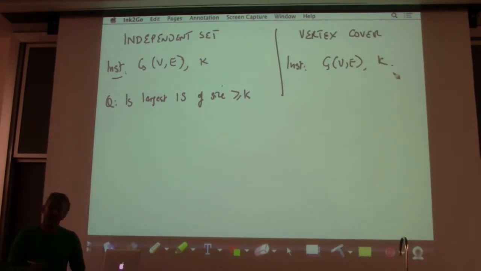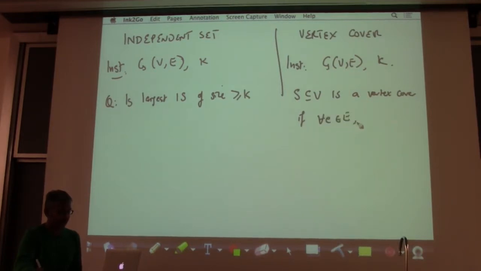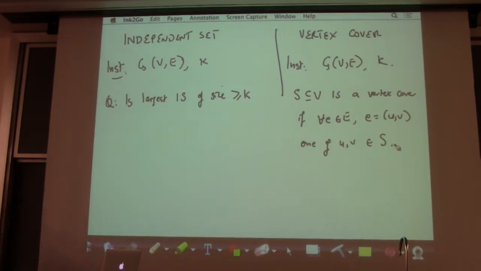Have I mentioned it? No, I haven't. Let me define what vertex cover is. So what is a vertex cover in a graph? A set S, a subset of V, is a vertex cover if for all edges in E, so some edge equal to (u, v), one of u and v belongs to S. So think of my graph and think of putting marks on some set of vertices so that every edge gets touched.